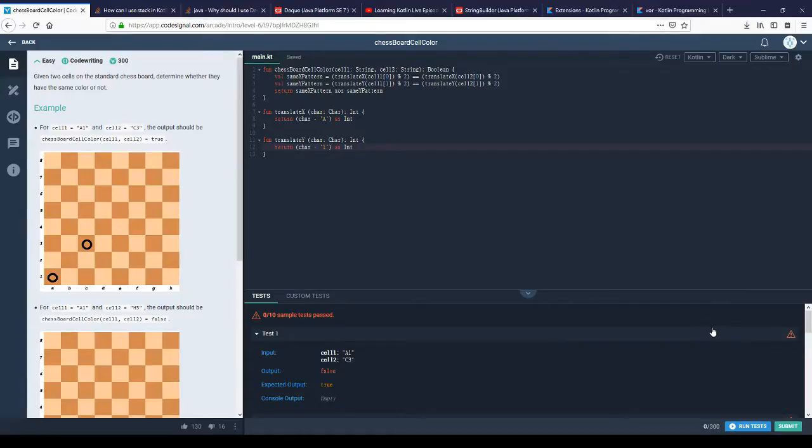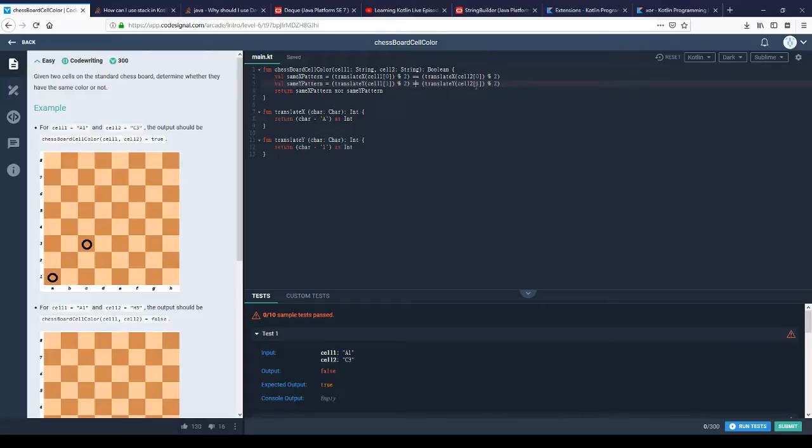Zero have passed. So obviously I'm doing it incorrectly. It has same X, Y. X cell 1 cell 2.